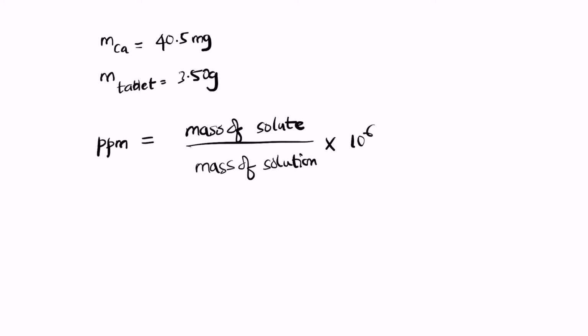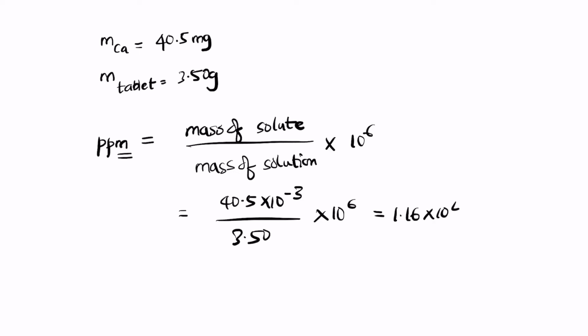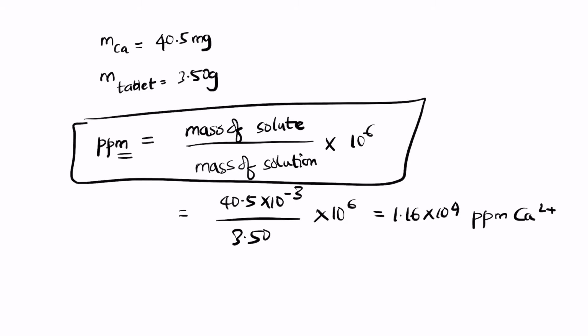Remember that ppm here represents parts per million. The mass of the solute is 40.5 milligrams, converted into grams, divided by 3.50, times 10 to the power 6. Once you have this, that value becomes 1.16 times 10 to the power 4 ppm of calcium. This is how you can solve the problem of ppm. Remember this formula for ppm: parts per million is mass of solute by mass of solution times 10 to the power 6.